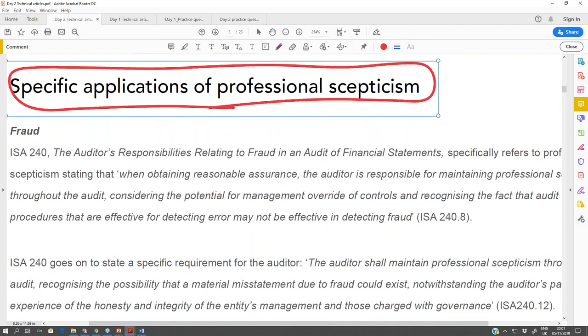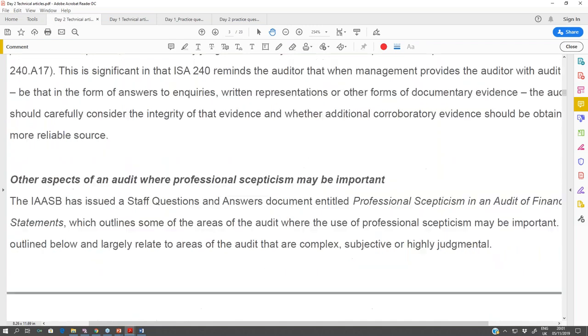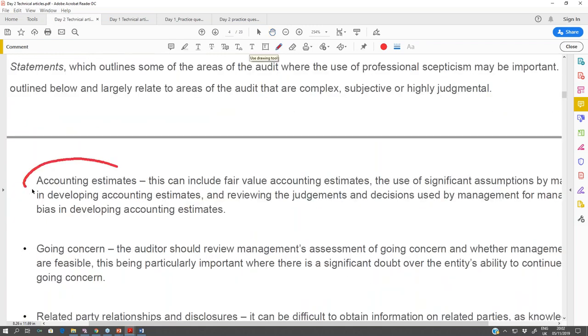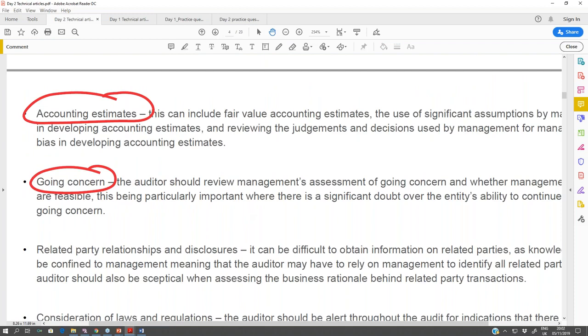The examiner is saying you need to be professionally skeptical in the area of fraud, accounting estimates, going concern, and related party transactions. These are all examples given by the examiner.